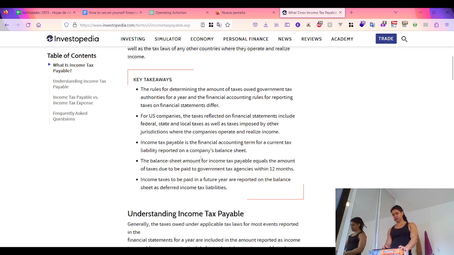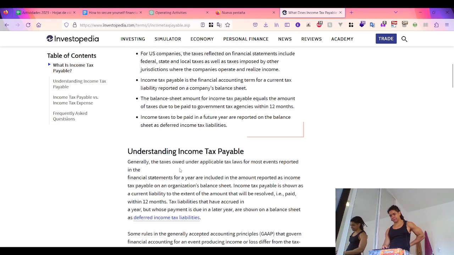The balance sheet amount for income tax payable equals the amount of tax due to be paid to the government tax agency within 12 months. And you have income taxes to be paid in a future year, which are reported on the balance sheet as deferred income tax liability.